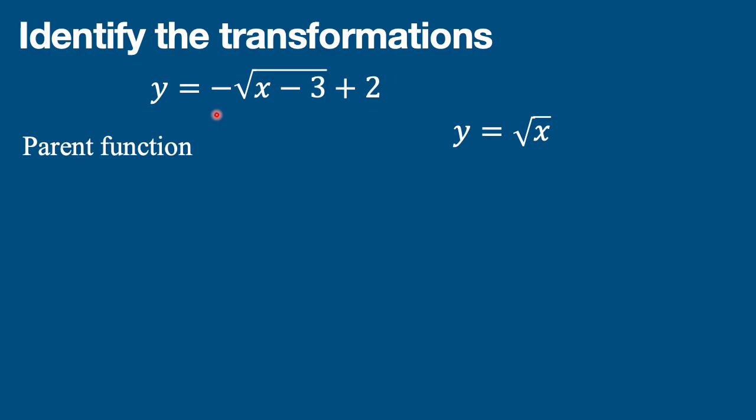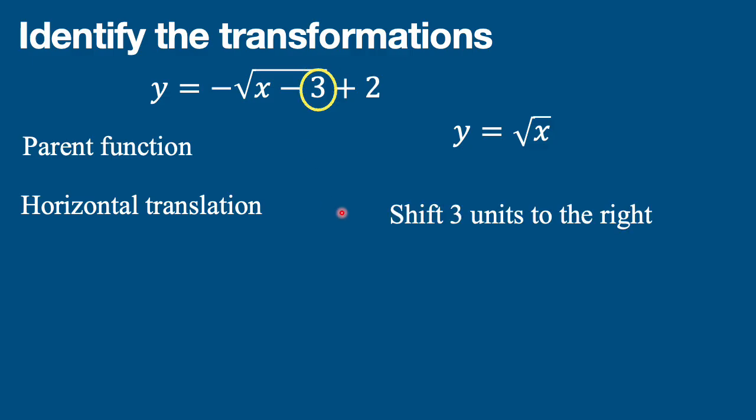First one, you follow the steps. Horizontal translation, did they do it? Yes, they did. Inside the square root they changed to x minus 3, be very careful with the sign. You have 3 right there. Shift 3 units to the right. That's the number you see right there.